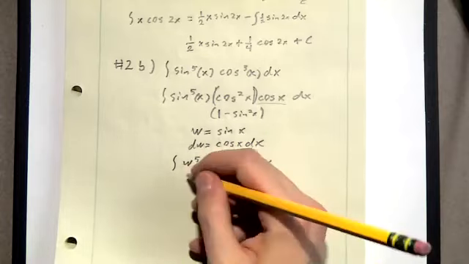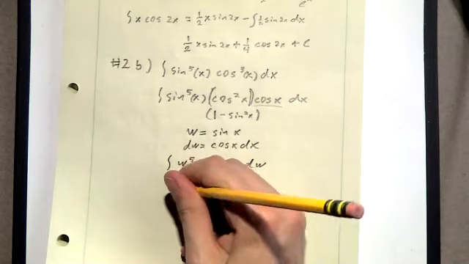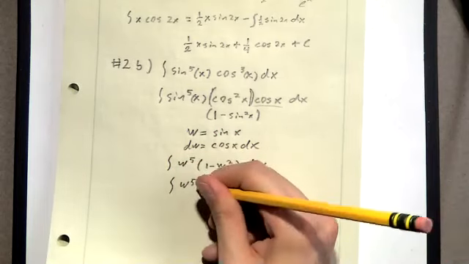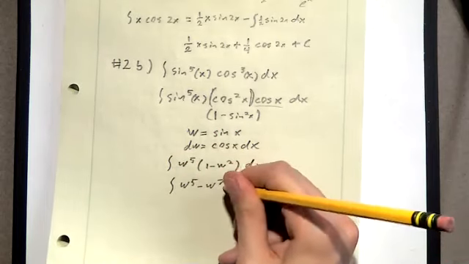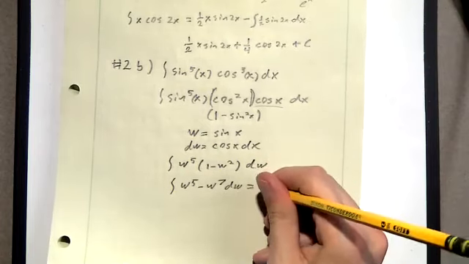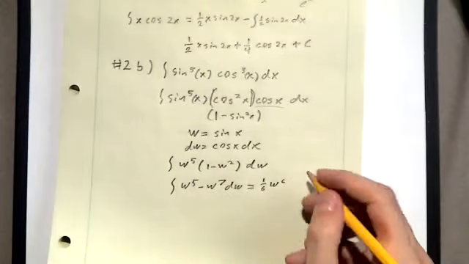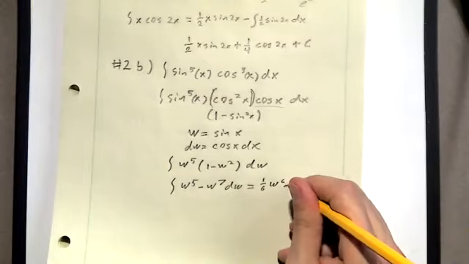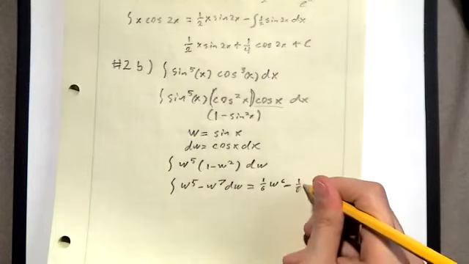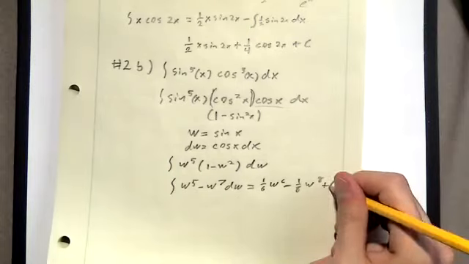We just distribute w to the fifth, and get the integral of w to the fifth minus w to the seventh dw, which is equal to 1/6 w to the sixth minus 1/8 w to the eighth plus c.